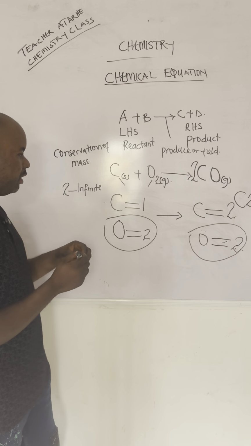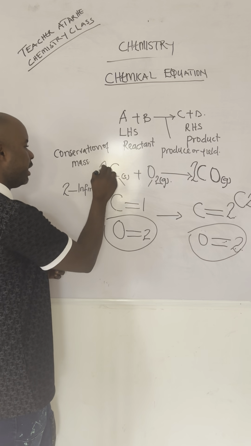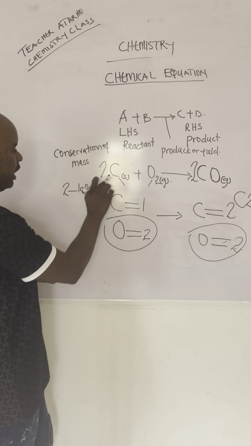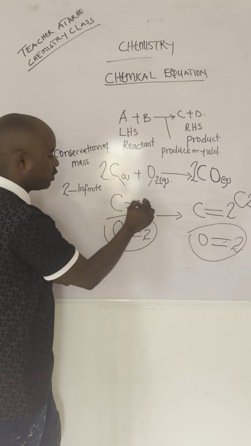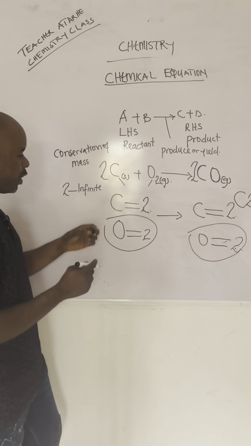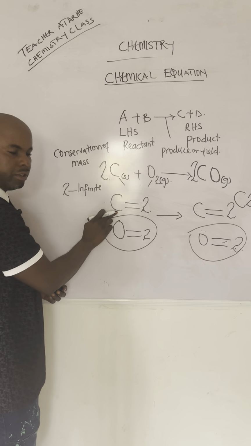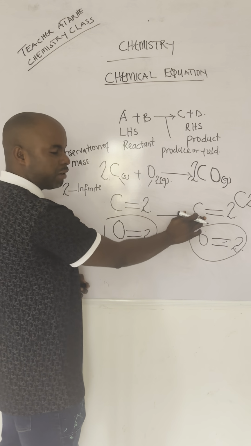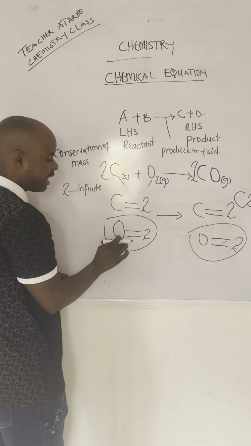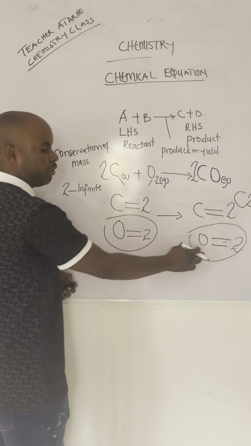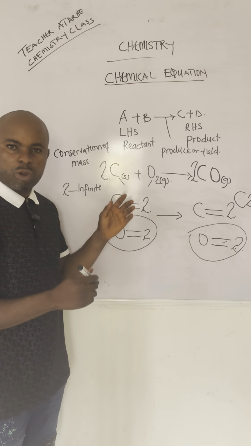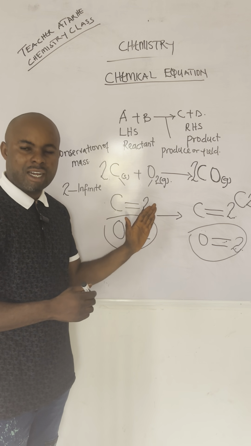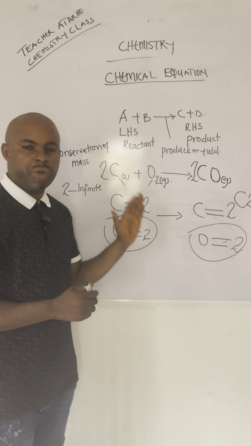Invariably, we can add 2 here at this point, so that 2 times 1 makes it 2. That is to say, at the reactant side, we have 2 carbon. At the product side, we have 2 carbon. At the reactant side, we have 2 oxygen. At the product side, we have 2 oxygen. In this case, this chemical equation is balanced and it is well written.